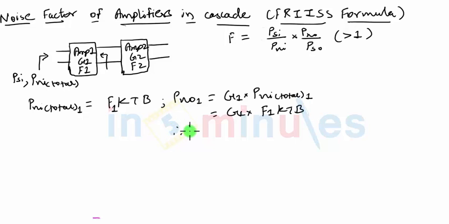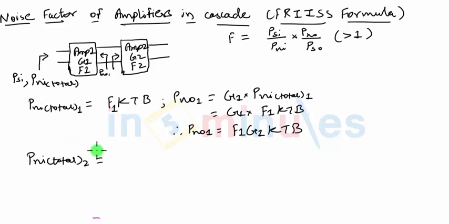Therefore PNO1, that means the total output noise power at the output of the first amplifier, will be nothing but F1 G1 into KTB. Now let us write down PNI total 2. That means how much will be the total input power that will be available at the input of the second amplifier.